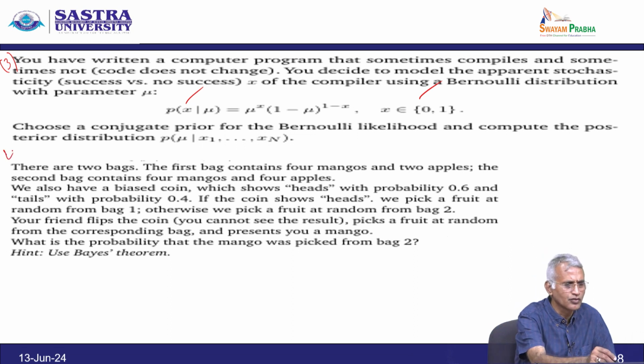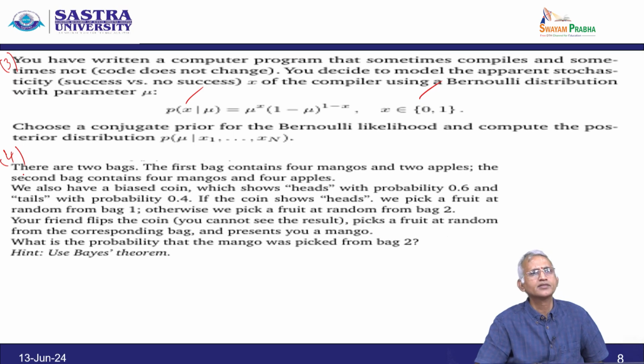Next, fourth question. There are two bags. The first bag contains 4 mangoes and 2 apples. The second bag contains 4 mangoes and 4 apples. We also have a biased coin which shows heads with probability 0.6 and tails with probability 0.4.